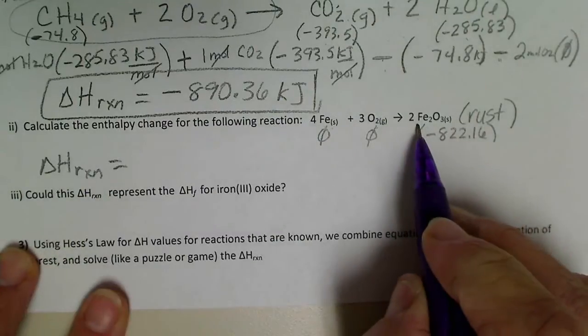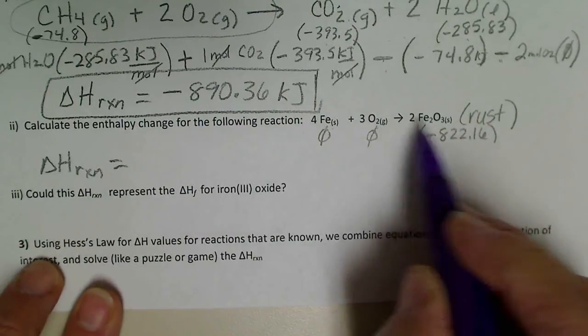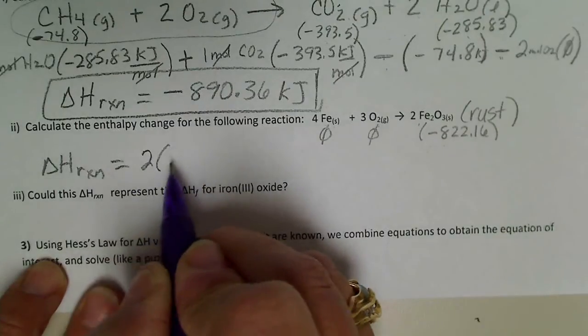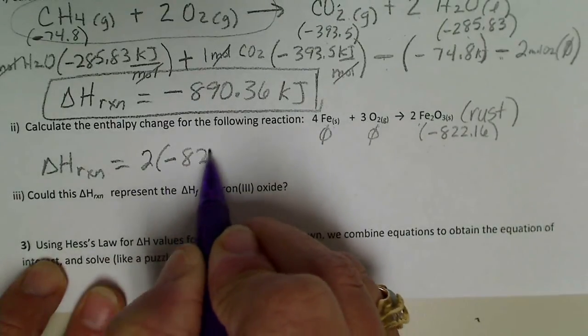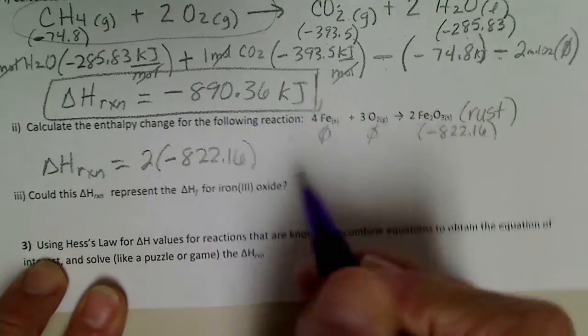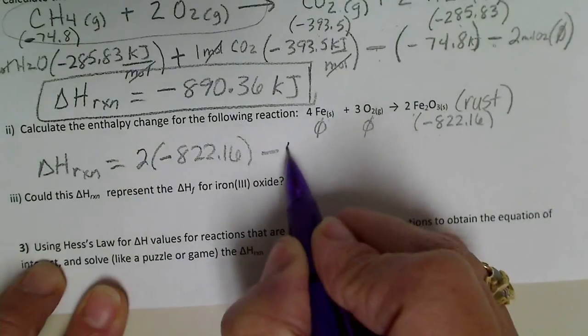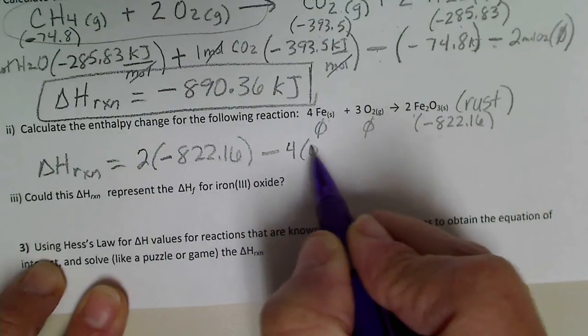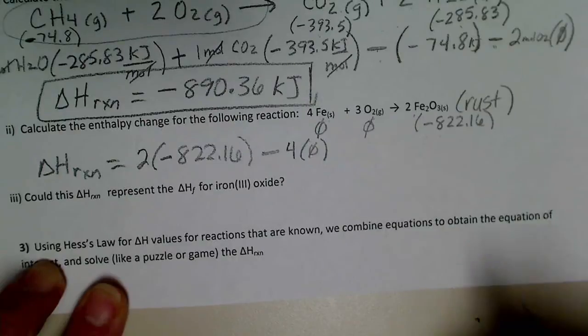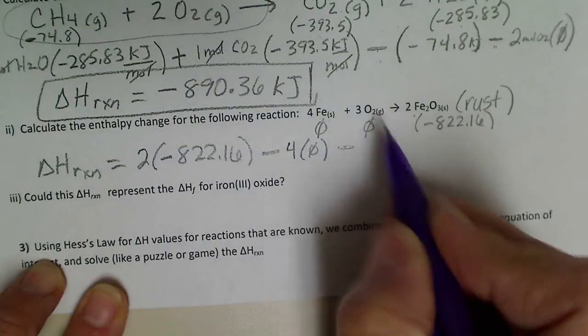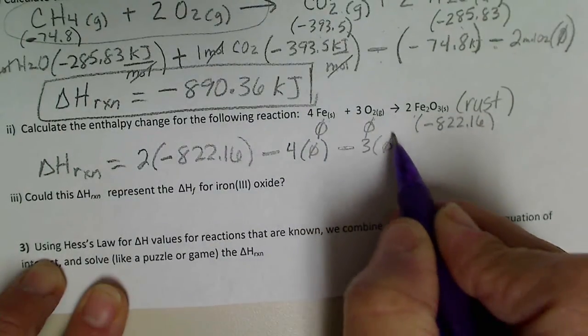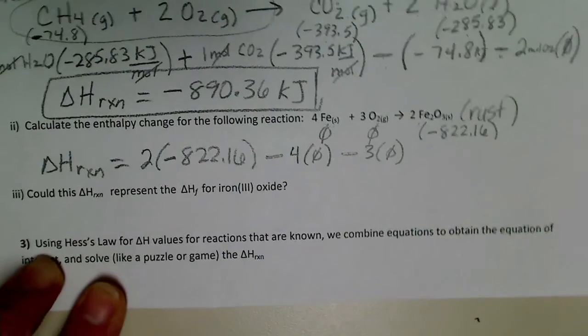we're going to have to take 2 times that value, because there's 2 moles, 2 times negative 822.16, and we would subtract off 4 times 0, which of course is going to be 0, and we would subtract off another 3 times 0.